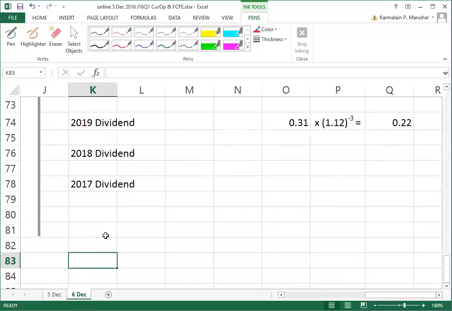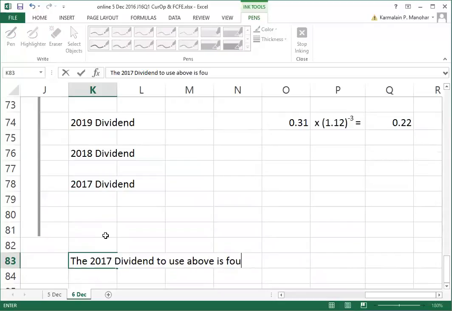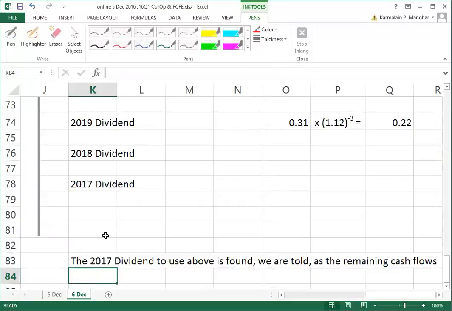So the 2017 dividend, to use above, is found, we are told, as the remaining cash flows after paying for the investment.